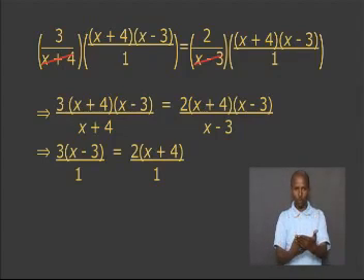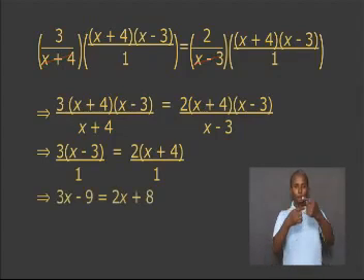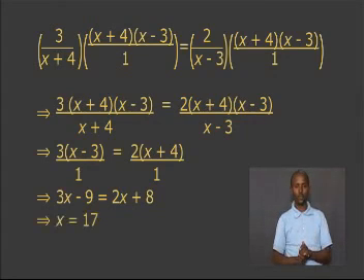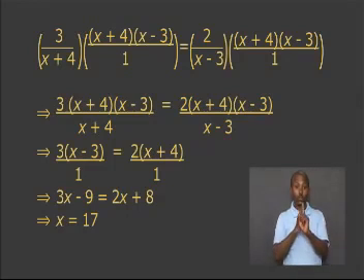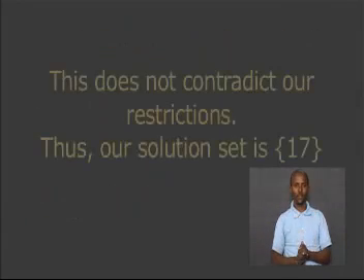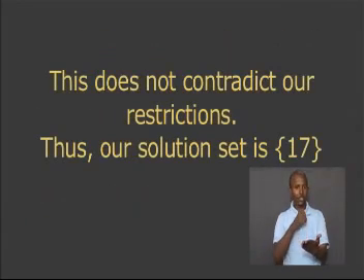Therefore, our equation becomes 3x minus 9 equals 2x plus 8. When we solve for x, we find that x equals 17. This does not contradict our restrictions, so our solution set is 17.